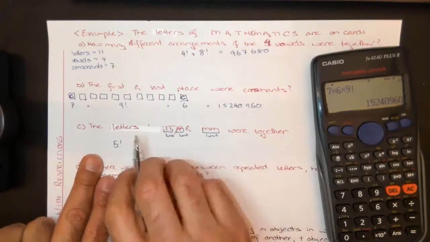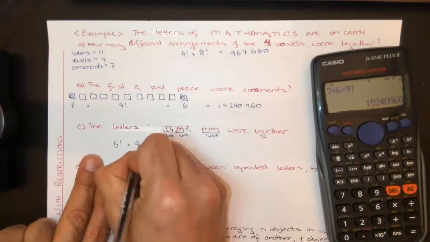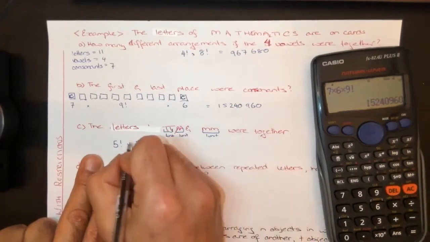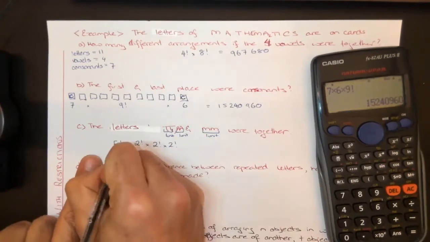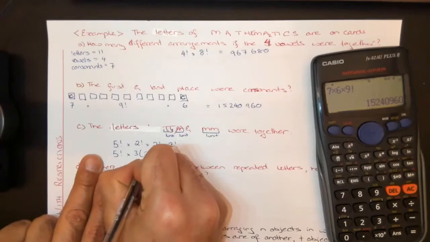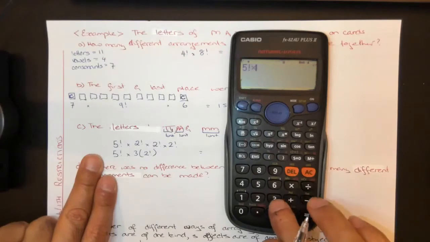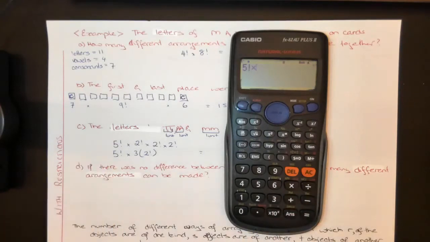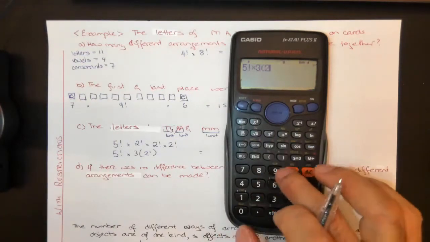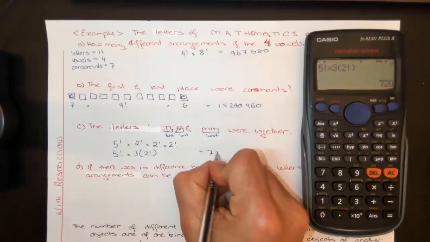Now, each of these units, remember that I said that each letter was different? Well, there's 2 ways for those to be arranged, and there's 3 lots of those. Yep, or 5 factorial times 3 lots of 2 factorial. If we plug that in the calculator, we get 720.